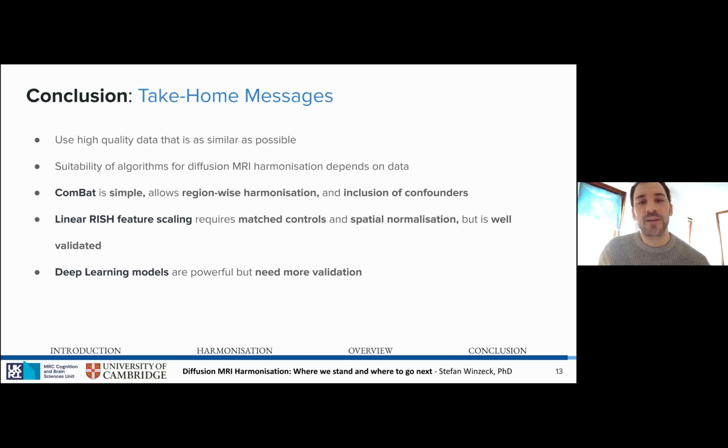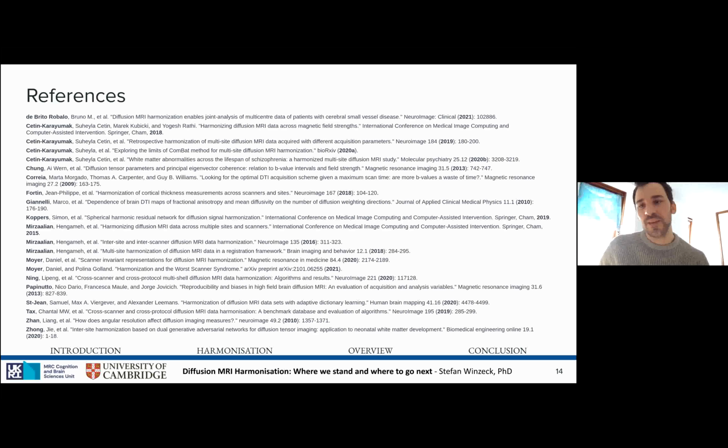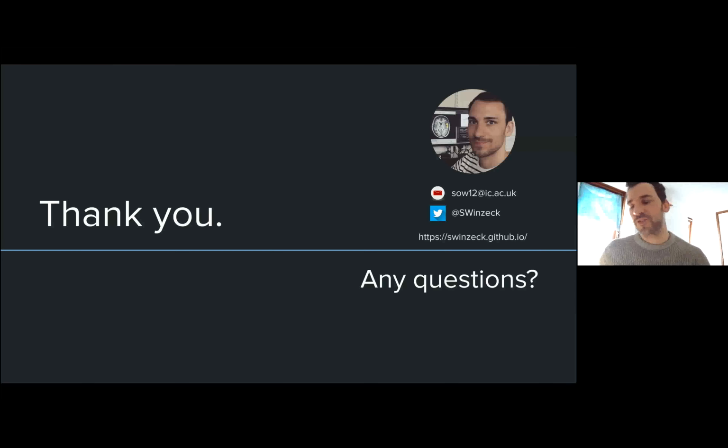Linear RISH feature scaling needs matched controls, spatial normalization as well, but it's very well validated. So probably that's a good option to start with if you have enough controls. And deep learning models are very powerful, but still need way more validation, so we don't harm our downstream task. These are the references, and that's it for me. If you have time, I'm ready for any questions.